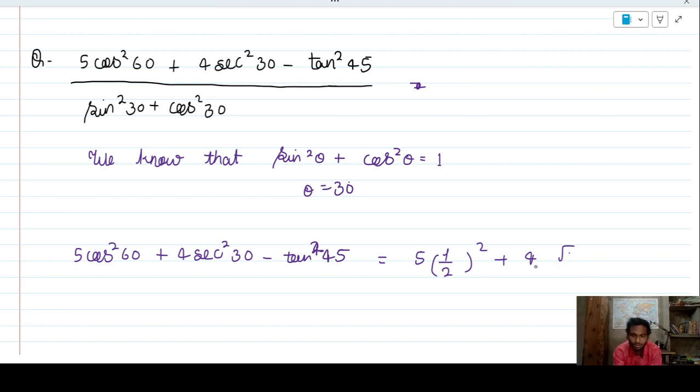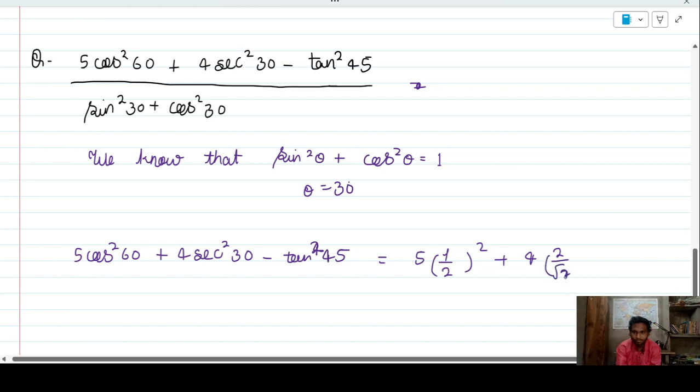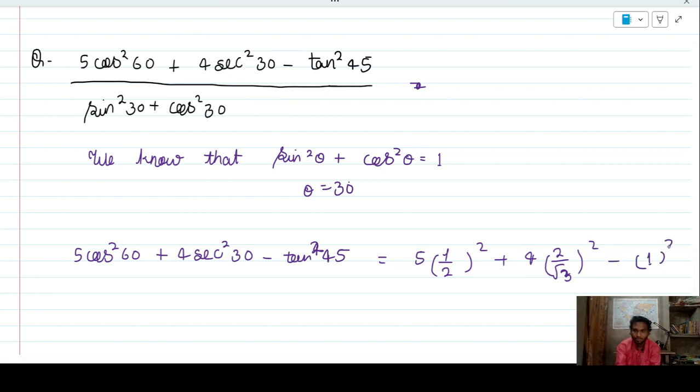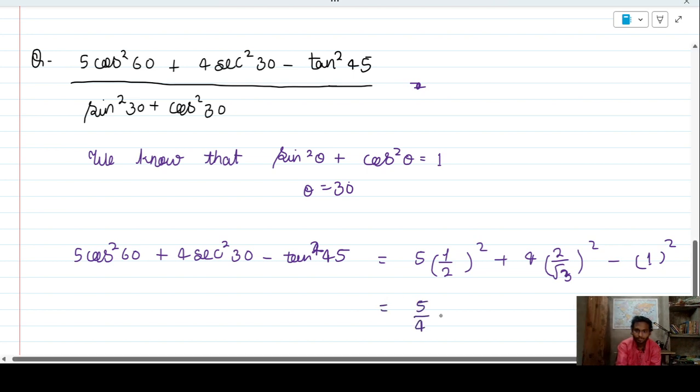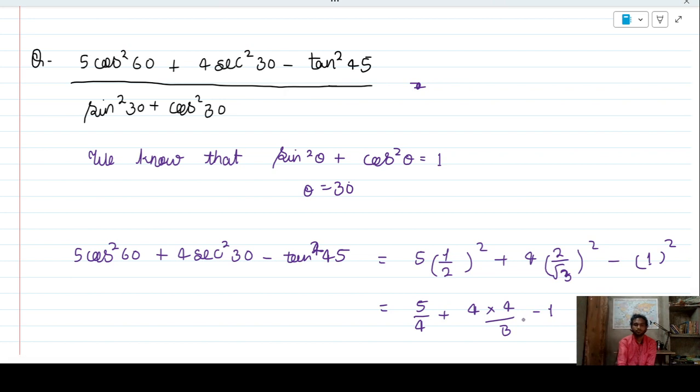This is the reciprocal of cos, so we put the value 2 upon root 3 whole square, minus tan square 45, 1 whole square, equal to 5 upon 4 plus 4 multiply 4 upon 3 minus 1. This solves the problem.